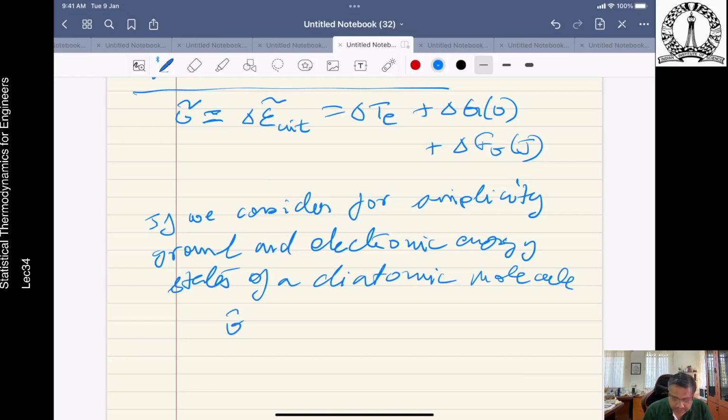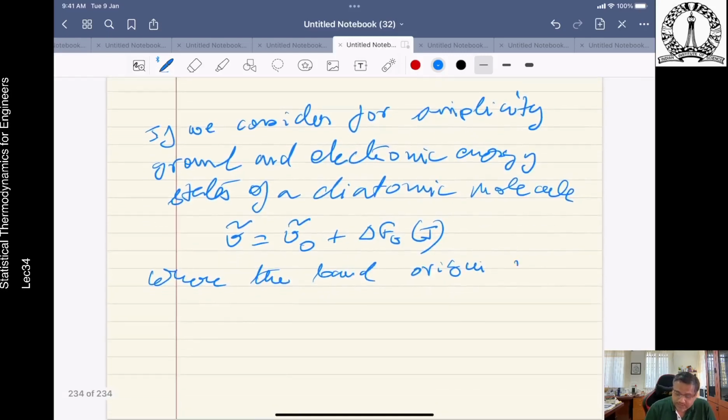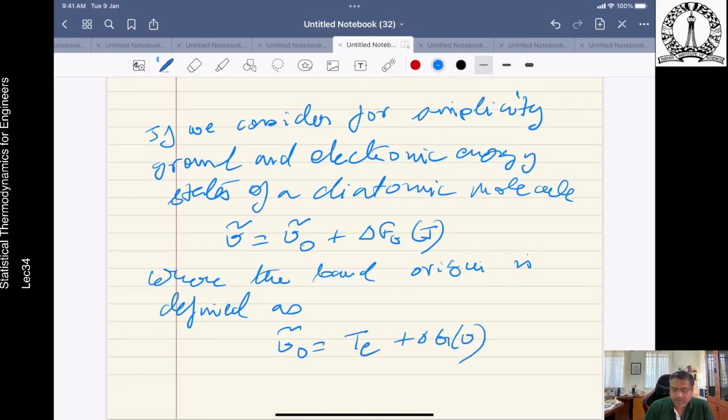That can be written as T_e plus G_v plus F_J, where the band origin is defined as this.